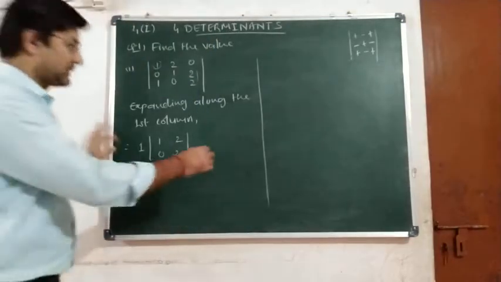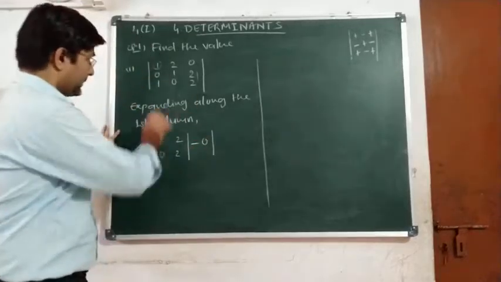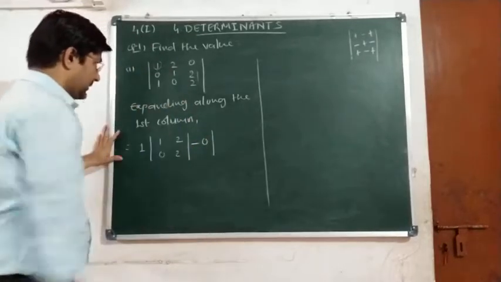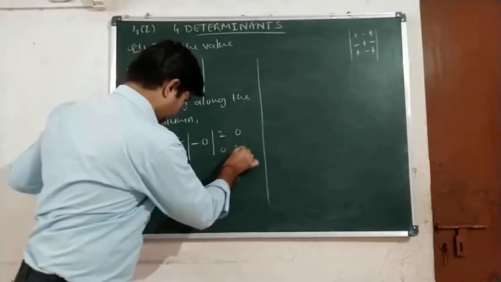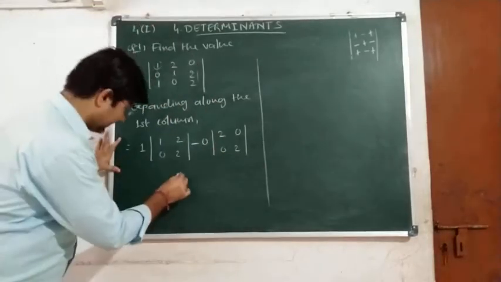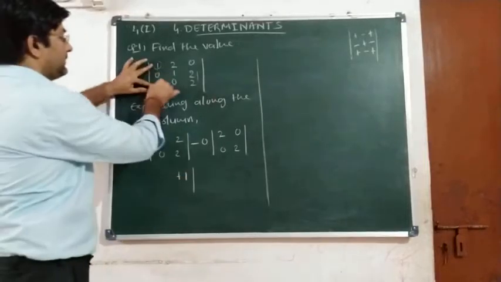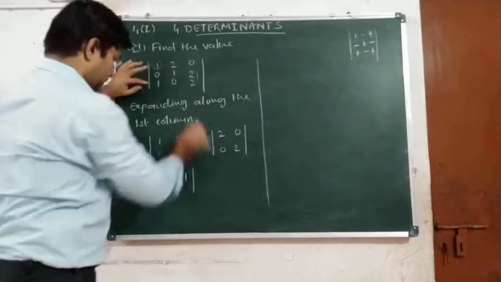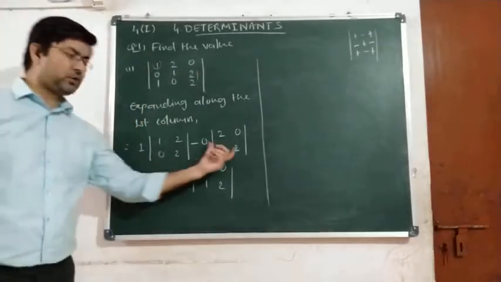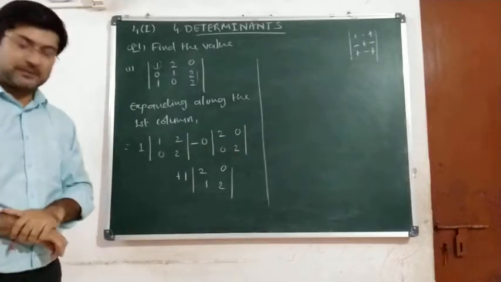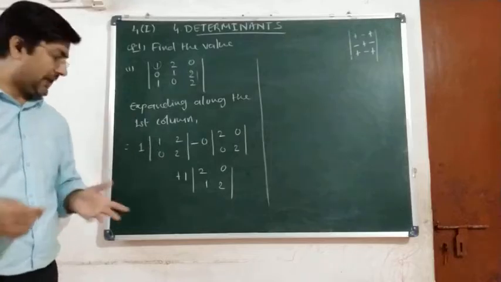Now the second term is minus 0 into the determinant left after eliminating the row and column containing 0, so 2 0, 0 2. The last element is with plus sign, that is 1, and eliminating the first column and third row we get 0 1, 1 0. Now we have these 2 by 2 determinants, which we can easily expand: product of diagonal elements minus product of off-diagonal elements.